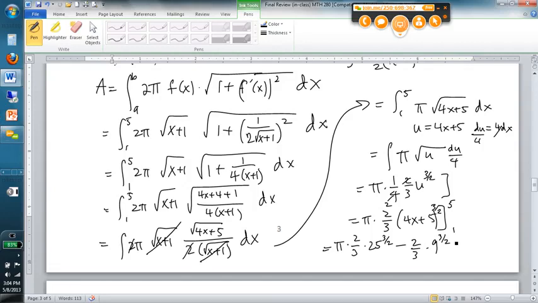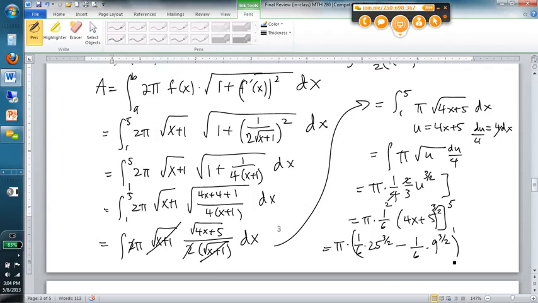Oh. Where did I get 2/3? Not 2/3, 1/6. Thank you. Yeah, 1/6. Just checking. So 1/6, 25 to the 3/2, which is going to be, what, 125? So it's 125 over 6. 9 to the 3/2 would be 27, so 27/6.